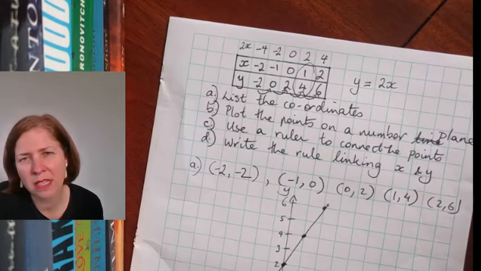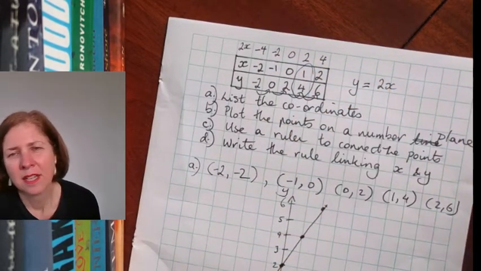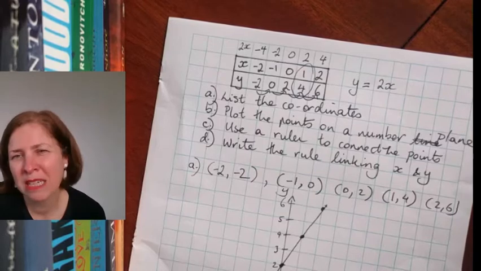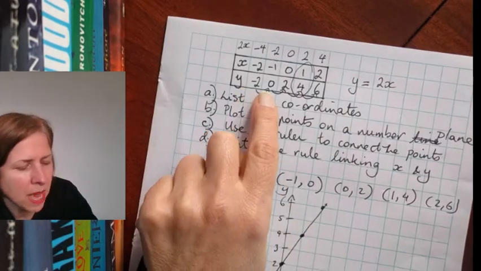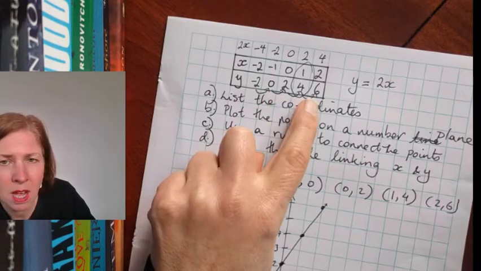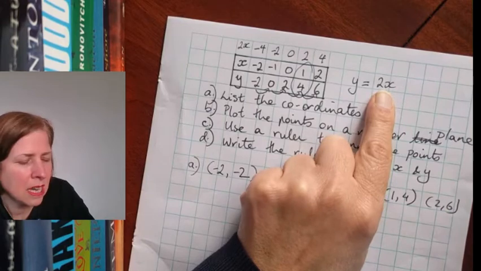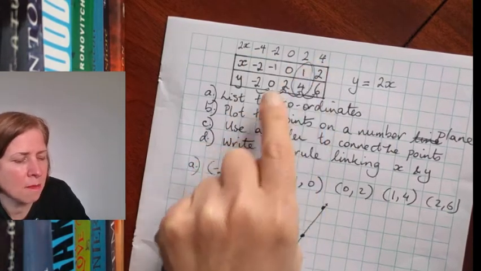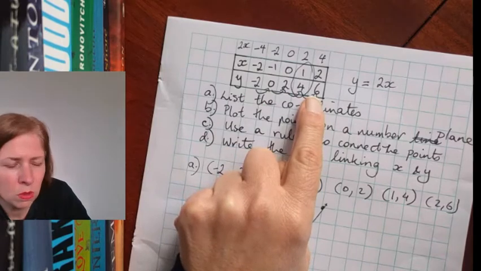But that's not right. These don't match. Okay. In most patterns, there's a timesing part and there's an adding part. And I work out the timesing part by looking at this pattern, right? This is what I multiply by, and that's what I've multiplied by there. But if you look at all these numbers in this top row here and compare them to the numbers that I want, they're all too small.